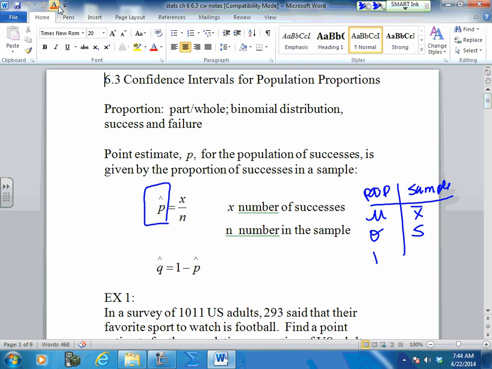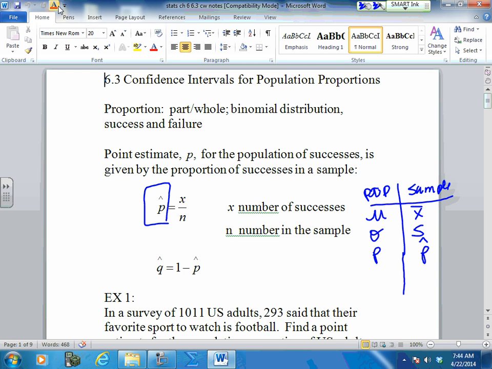We use a P for proportion for your population. And for some odd reason they don't have another symbol, they use a P hat. They call that little symbol a hat, and we read it p-hat. So the p-hat just means that's from your sample.